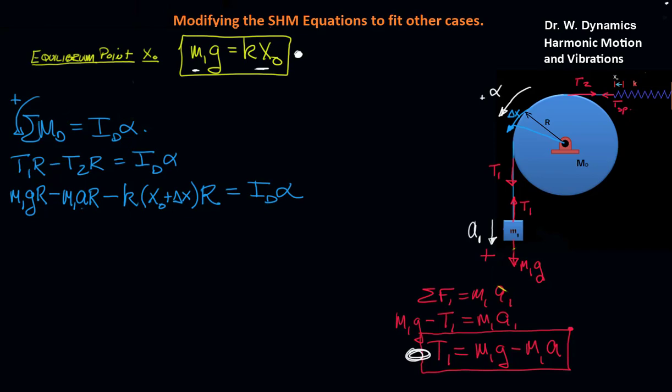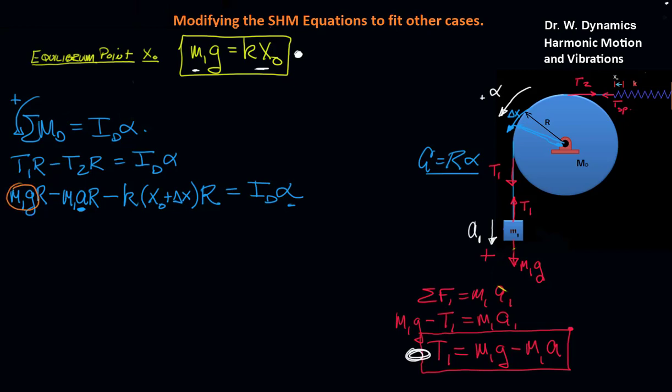Now we have a linear acceleration here and an alpha over here, and they are related. a will equal R alpha since they share a common radius. And we know that m1g is k x0 also. So let's substitute that in.